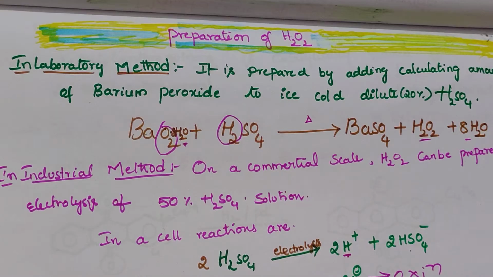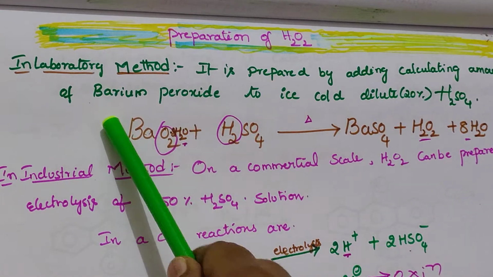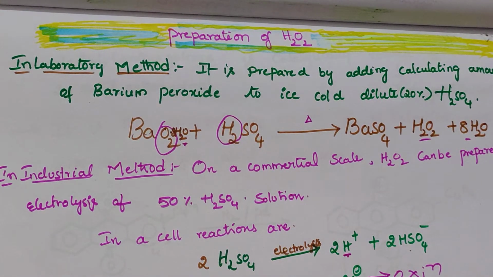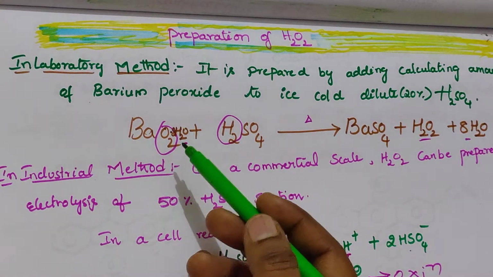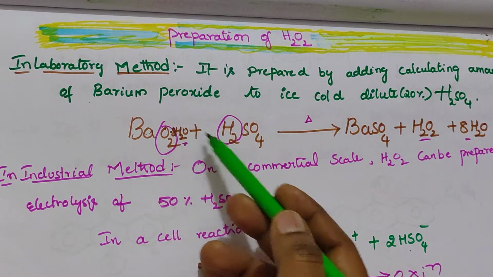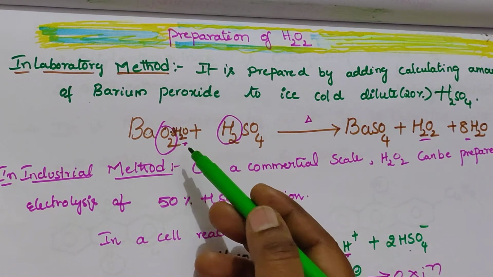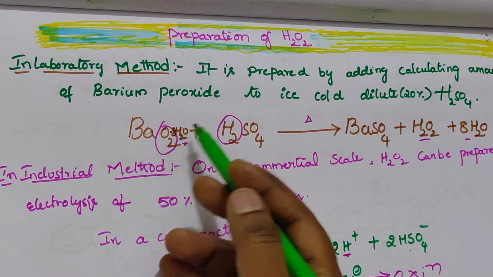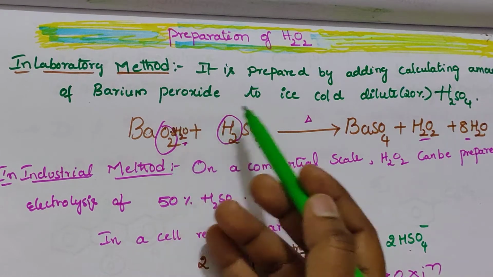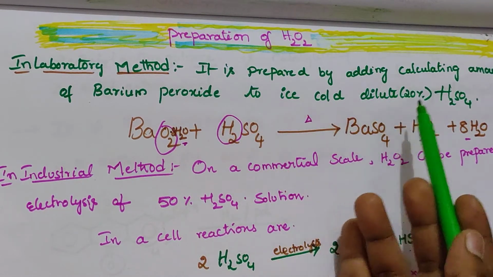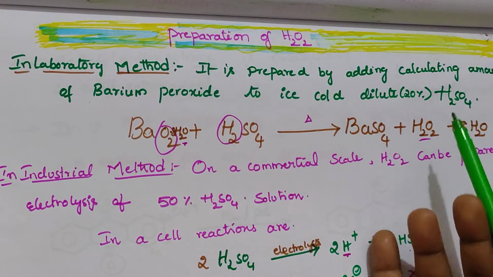In the laboratory method, it is prepared by adding a calculated amount of barium peroxide. The formula of barium peroxide is BaO2.8H2O, containing water of hydration. It is treated with ice cold dilute 20% H2SO4.